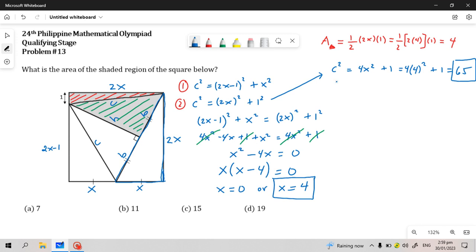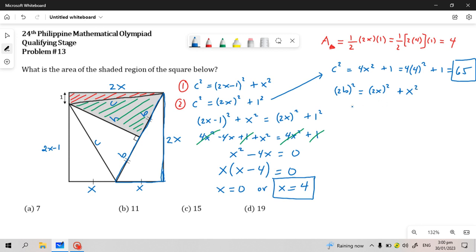So we have the square of 2b equals the square of 2x, so 2x squared, plus x squared.